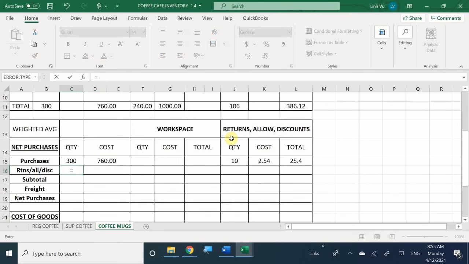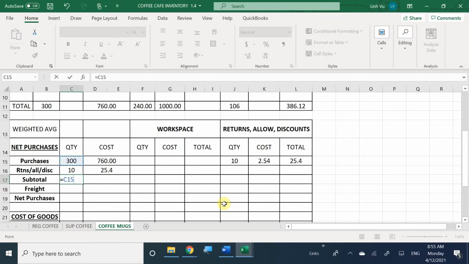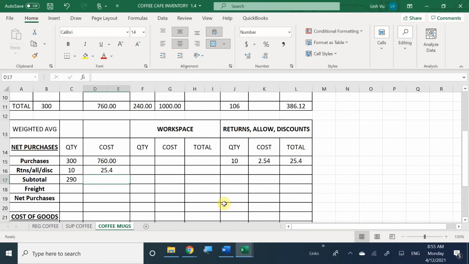Did we have any returns and allowances? Yes. We returned 10 items at how much? 25.40. Okay, so then what should be my subtotal now? If I had 300 and I returned 10. 290.